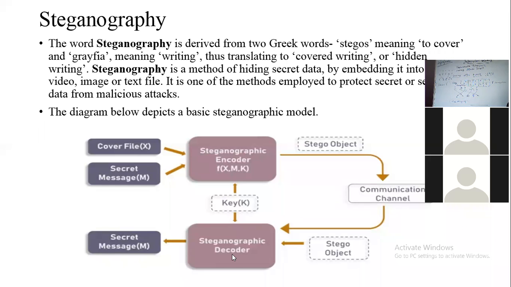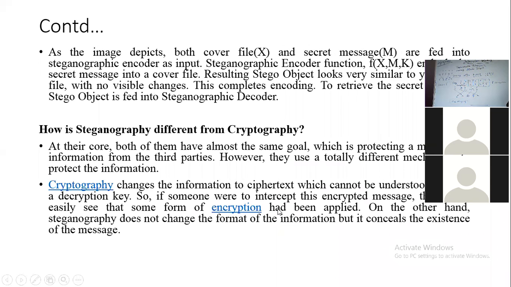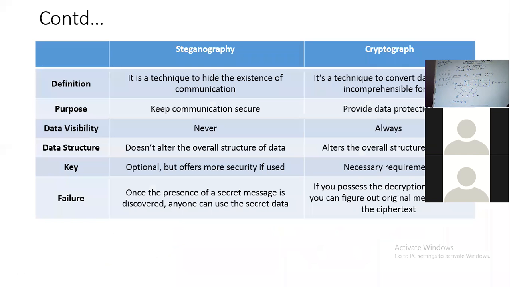By using a steganographic decoder, we access the secret message from the cover file. वही जो मैंने अभी आपको बताया वही लिखा है. Then we have a few differences between steganography and cryptography. I will send you this PPT, and you can read these differences.